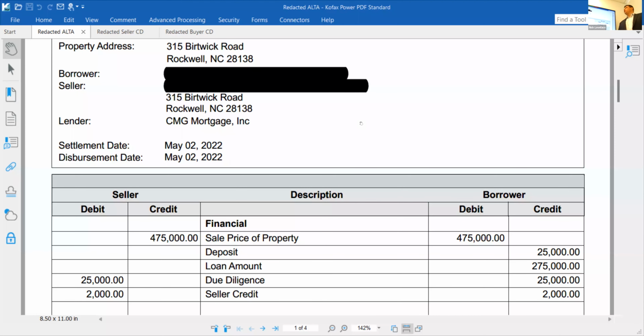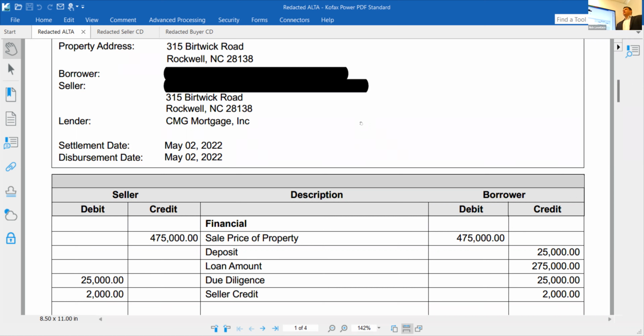The reason for that is if we're doing a mail away, we can't record anything until we have the original documents to submit to the lender. So if we know that the clients are signing from wherever they're at on May 2nd, but we're not going to receive original copies of the documents till May 3rd, then it's going to say May 2nd and then May 3rd.